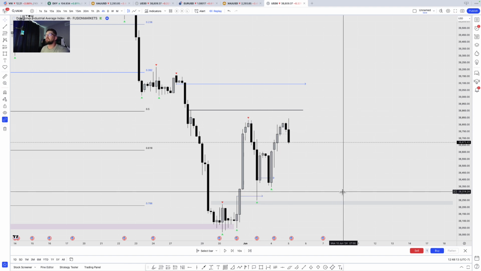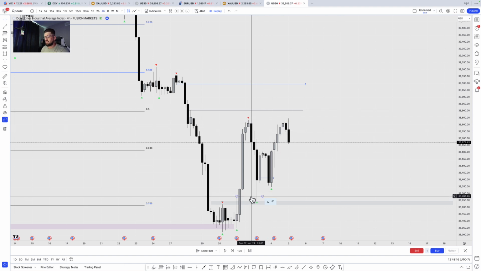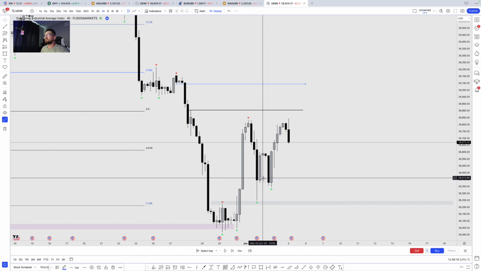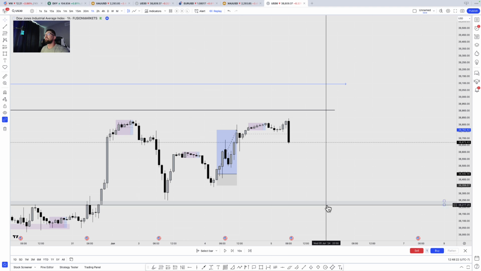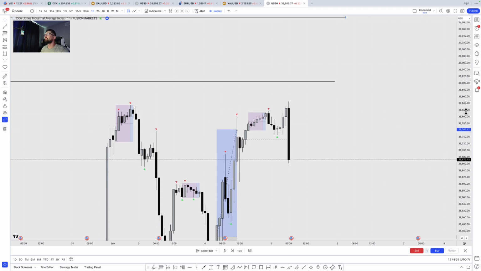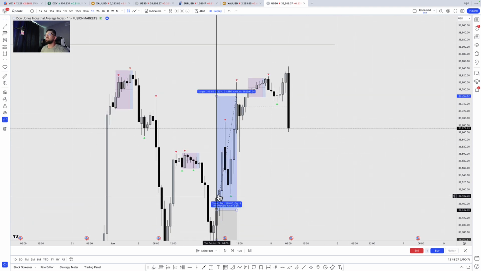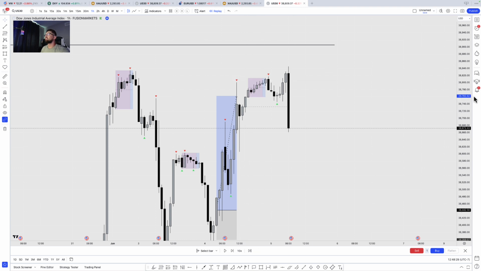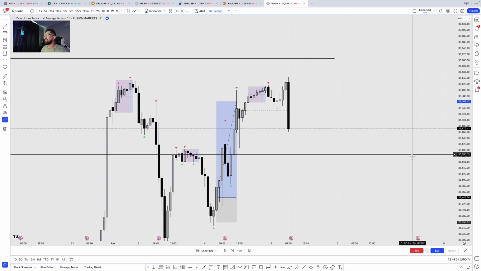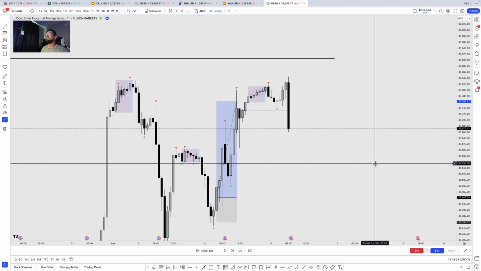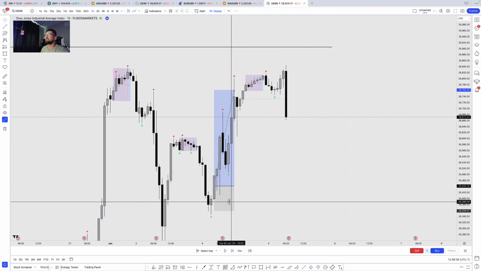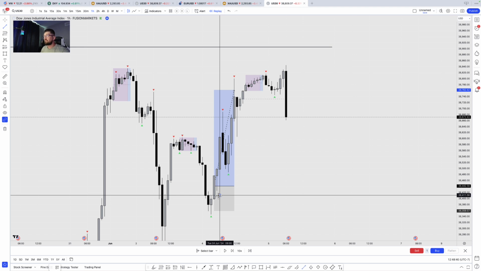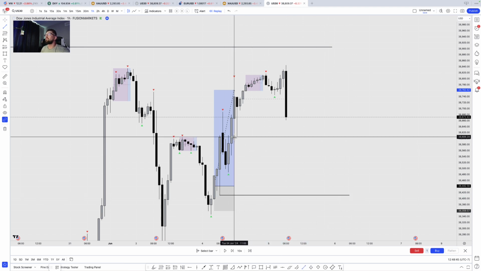Those levels aren't of value to me right now. We can delete this. These levels have all played. They have no more relevance to you. And you can see this whole leg's running efficient. Now, as far as our entries, I have a couple of liquidity levels that interest me. We have one here, and we have one here.